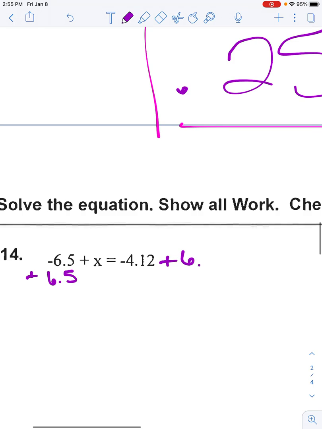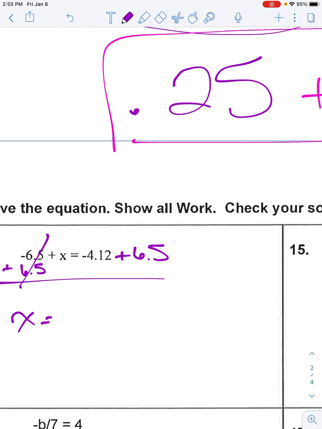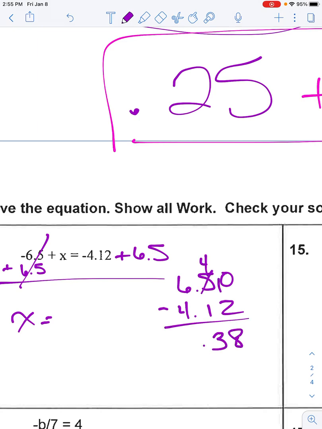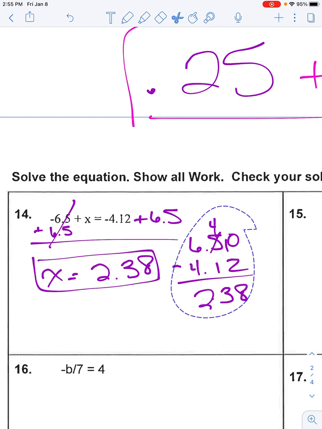So I'm going to add 6.5 to both sides. Show your cancellation. Those are different signs, so I'm going to find the difference. To get 2 38/100ths, and it's going to be positive, more positives. Okay.